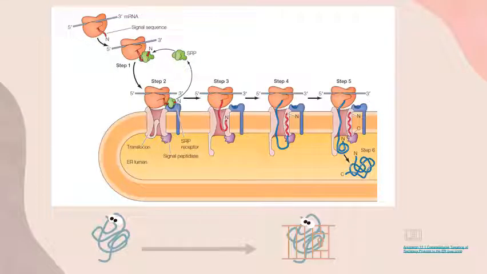We can see that these proteins can be either co-translationally translocated or post-translationally translocated after their translation. The co-translational translocation happens in the membrane-bound ribosome, while the post-translational translocation happens on the free ribosomes in the cytosol.